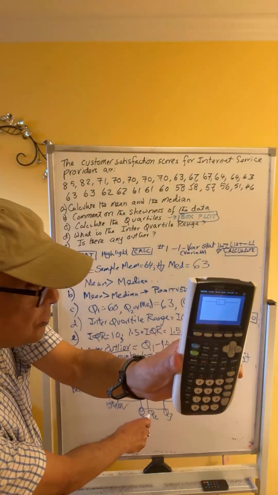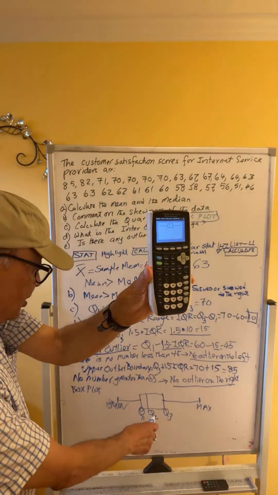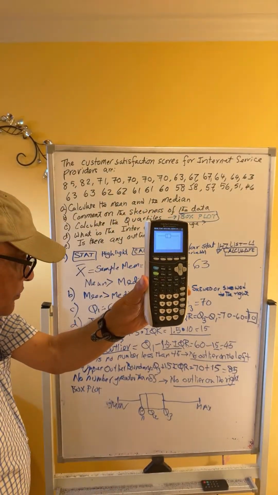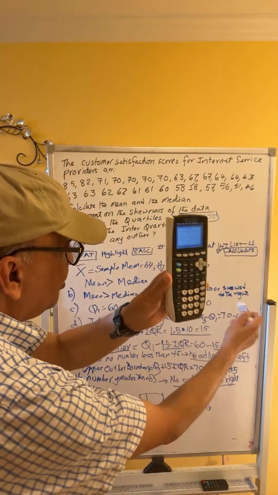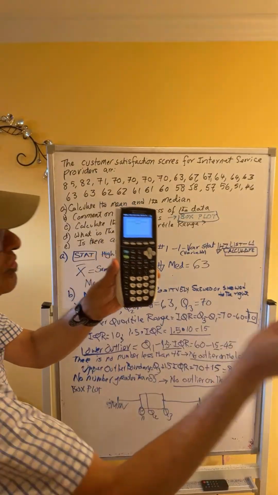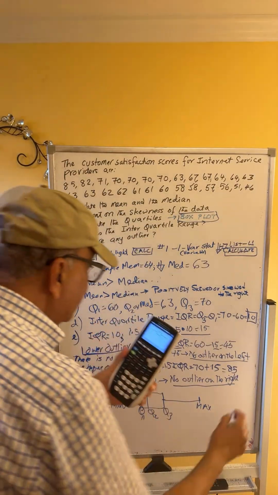That means from Q2, the median, to the maximum is much higher than Q2 to minimum. That means there is a positive skew or right skew in the data, as we already found out, because the mean is greater than the median.